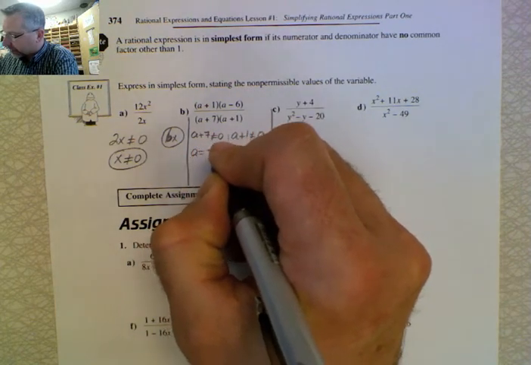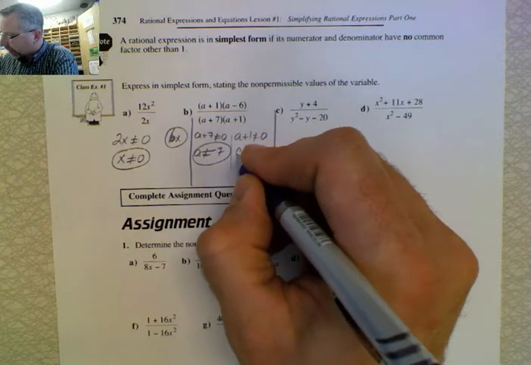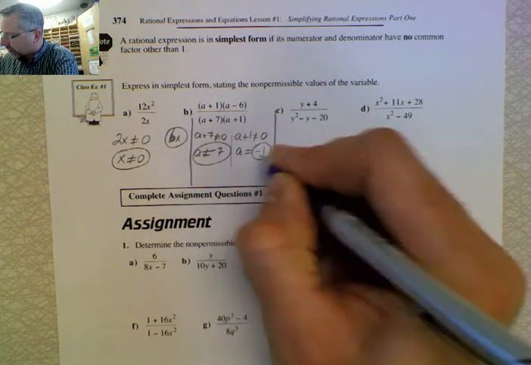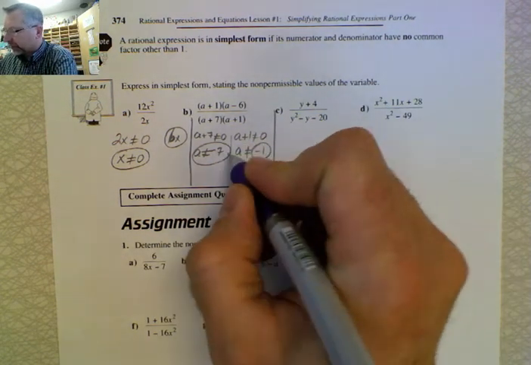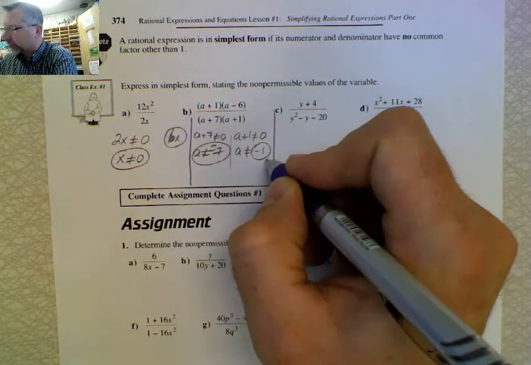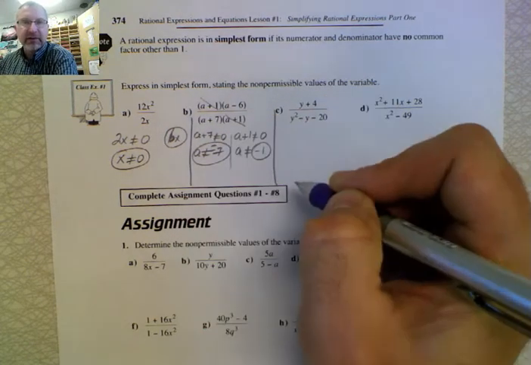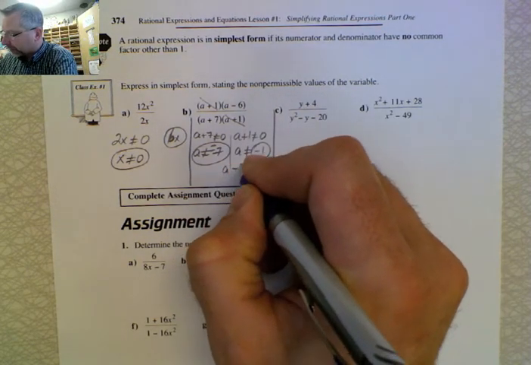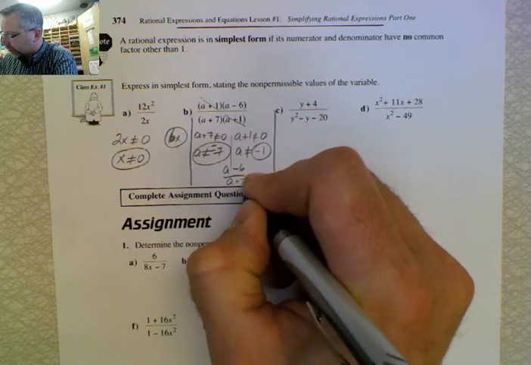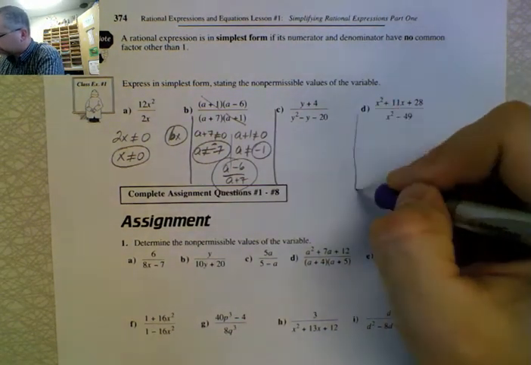So if I solve this, one of my restrictions is -7, and another restriction is -1. So those are my two restrictions in this case, -7 and -1. Now when I simplify this, I cancel out these two factors of a plus 1, and I'm left with a minus 6 over a plus 7. There's the expression in simplified form.